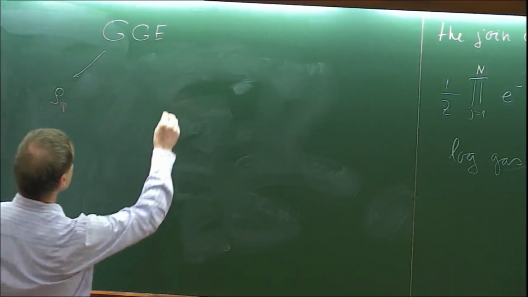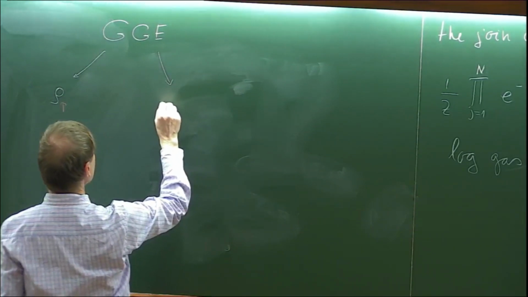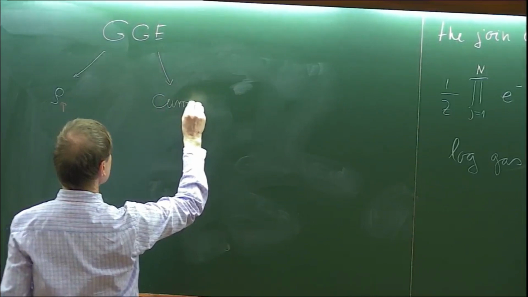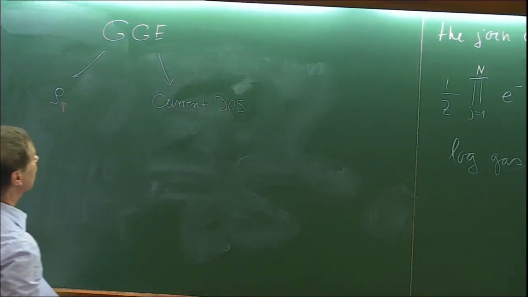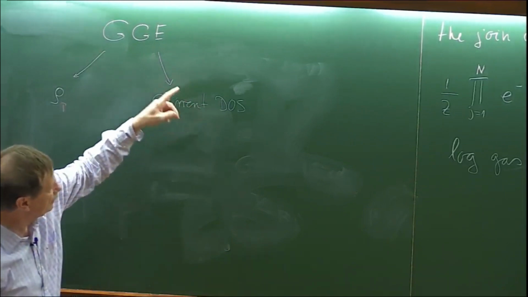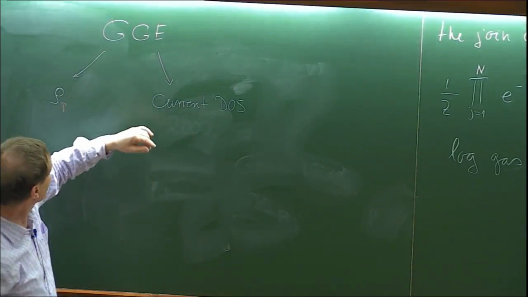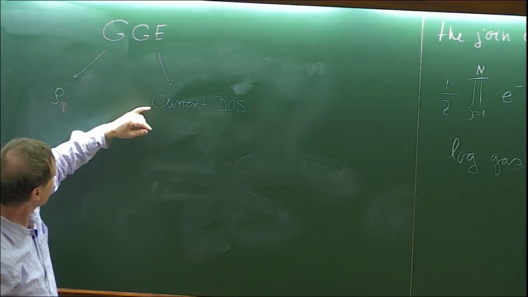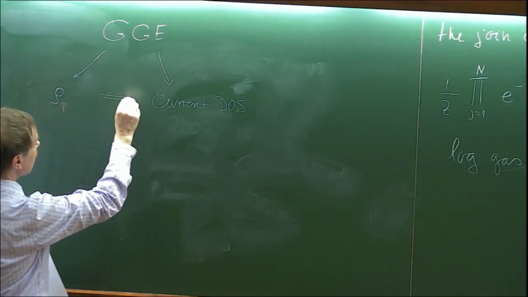Now what we would like to do is, from the GGE, of course, we must also get the currents, right? The current densities, so to speak. And the idea is that if we could do this with the same explicit formula as I had here for the conserved charges, then that will automatically give us the relation.